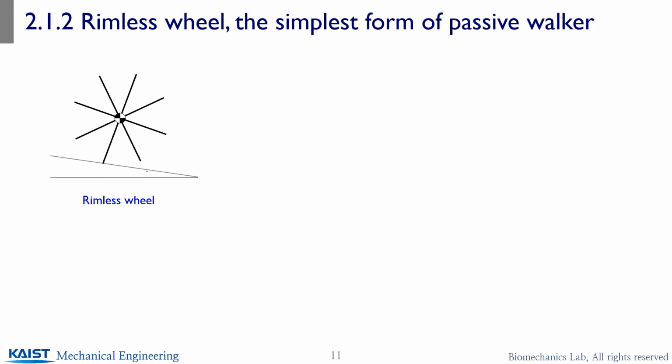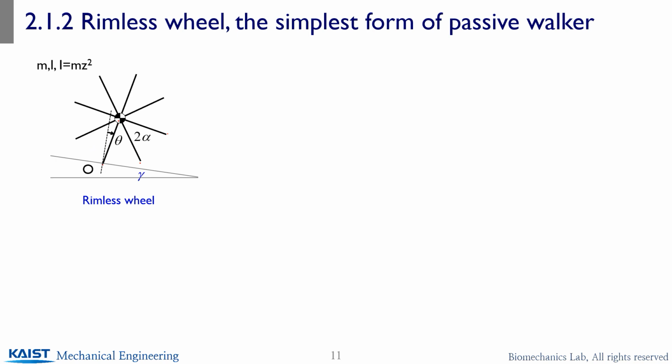So if you can imagine how this spoked system coming down the slope is like, one by one stepping down. So this could be a good example for working on the passive walker, the simple model for the passive walker.